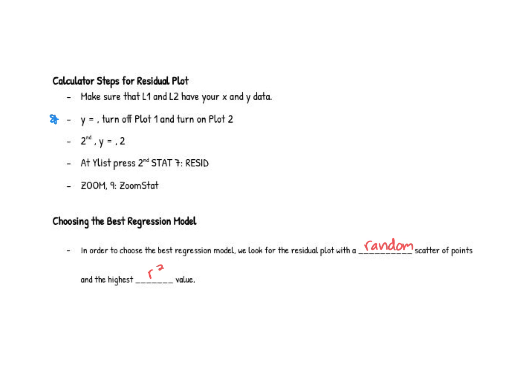Once you've done that, we are going to talk a little bit about choosing the best regression model. So in order to choose the best regression model, we look for the residual plot with a random scatter of points. We just talked about above that that was a good residual plot, and we want the highest R-squared value.